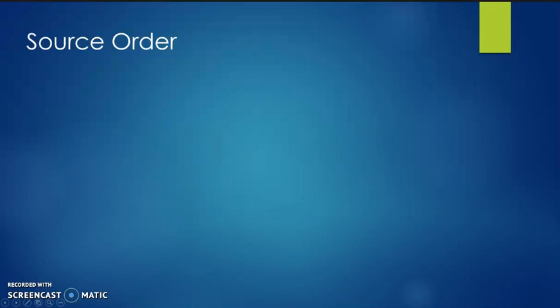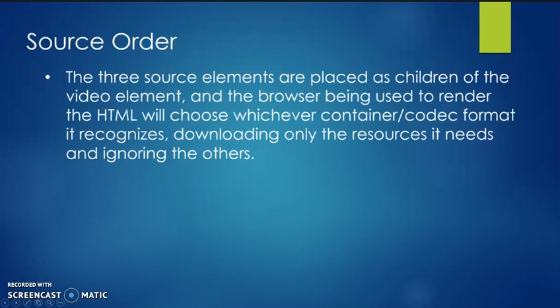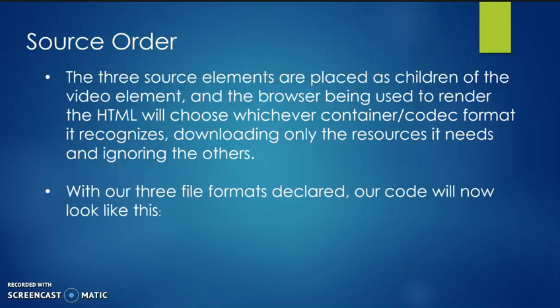Source order. The 3 source elements are placed as children of the video element, and the browser being used to render the HTML will choose whichever container or codec format it recognizes, downloading only the resources it needs and ignoring the others. With our 3 file formats declared, our code will now look like this.